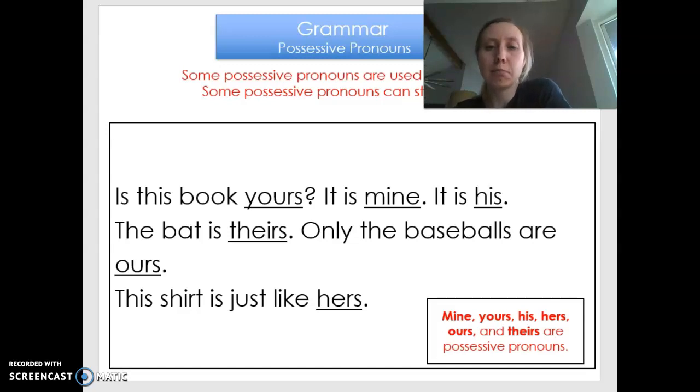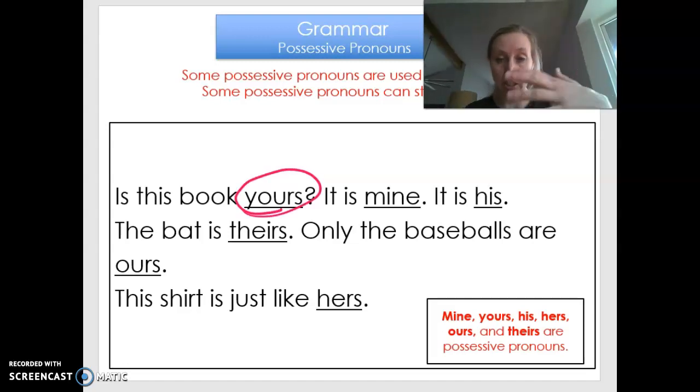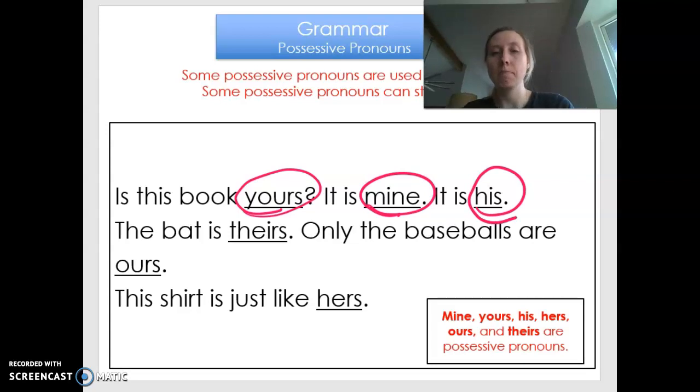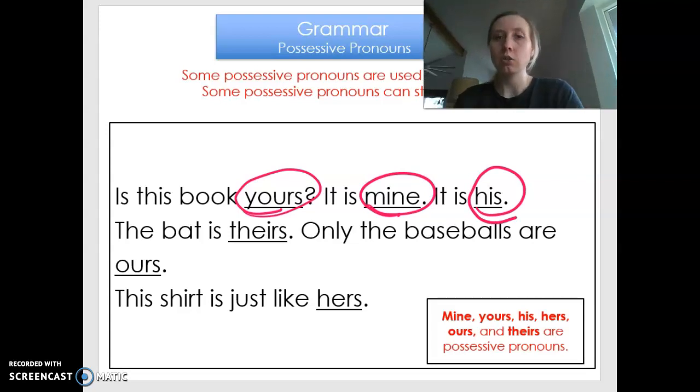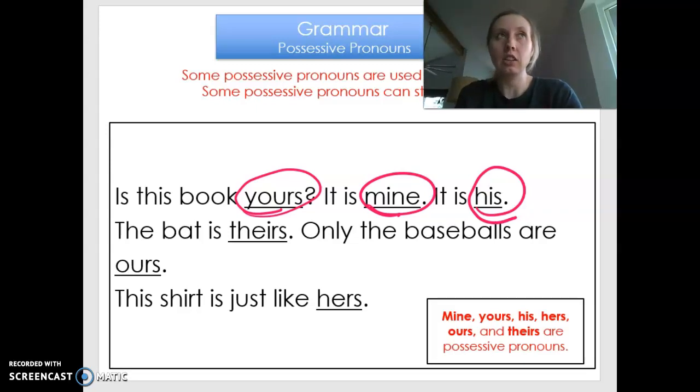The possessive pronoun tells me whose it is. Is this book yours? Yours is whose it is. Is it yours? It is mine. It is his. These are all possessive pronouns. Instead of using a name, they're using your, yours, mine, his, and they're also telling whose it is. It's mine, or it's his, or it's hers.